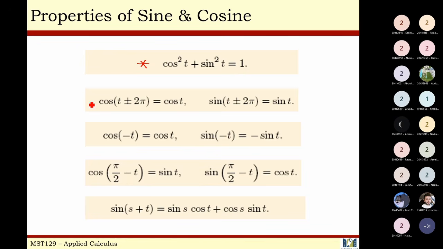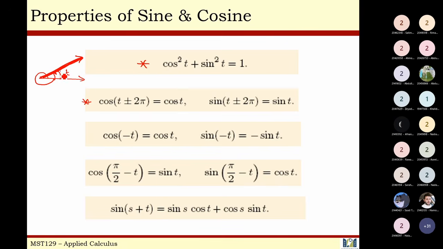Now, the second one: if we add 2 pi or subtract 2 pi for any angle, this is the same. Look at this angle, this is the angle T. If we go to the 360 and plus T, this is the same direction, so we have the same sine and same cosine.